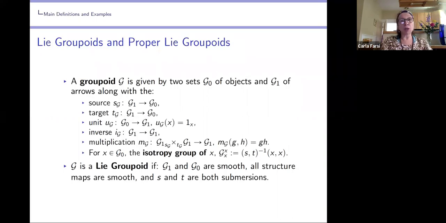In the case of a group, there is always one target map and one source map, just the map that sends every element in the group to a point, this point in G lower 0 that is in the unit space of the groupoid.